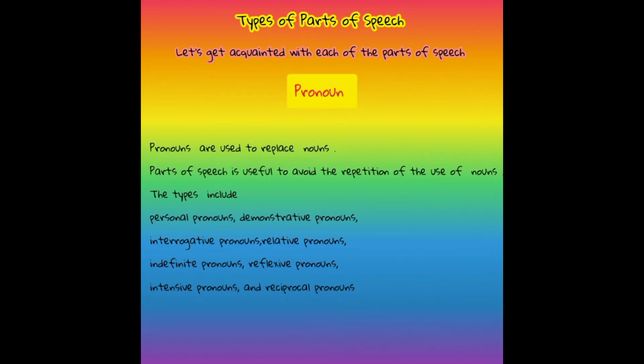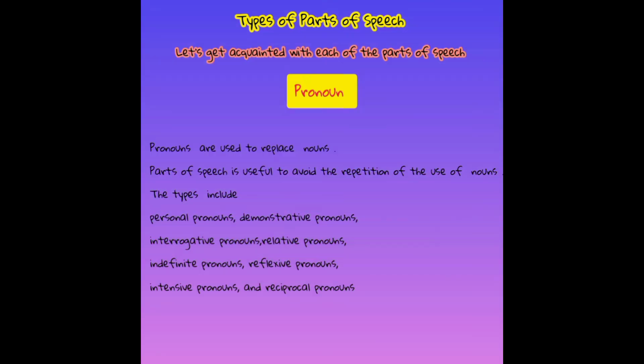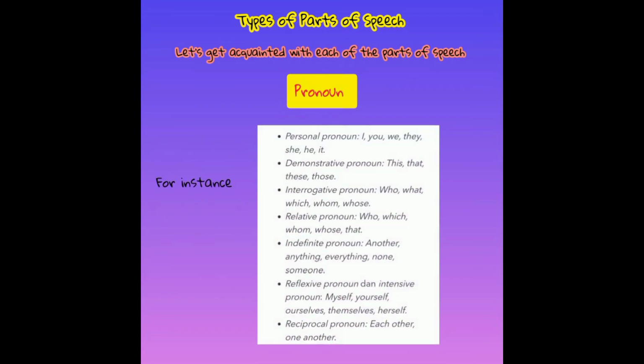Secondly, pronoun. Pronouns are used to replace nouns, which is useful to avoid the repetition of nouns. The types include personal pronouns, demonstrative pronouns, interrogative pronouns, relative pronouns, indefinite pronouns, reflexive pronouns, intensive pronouns, and reciprocal pronouns. For instance, personal pronouns: I, you, we, they, she, he, it.